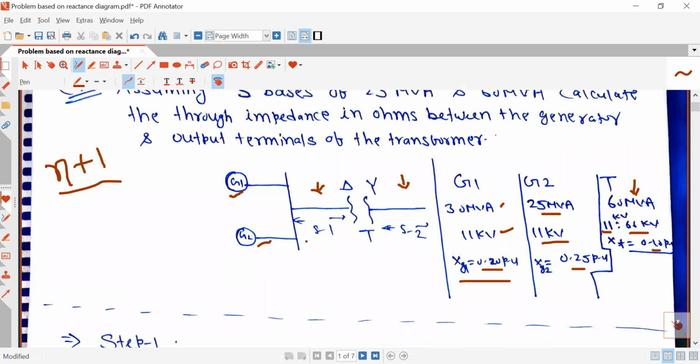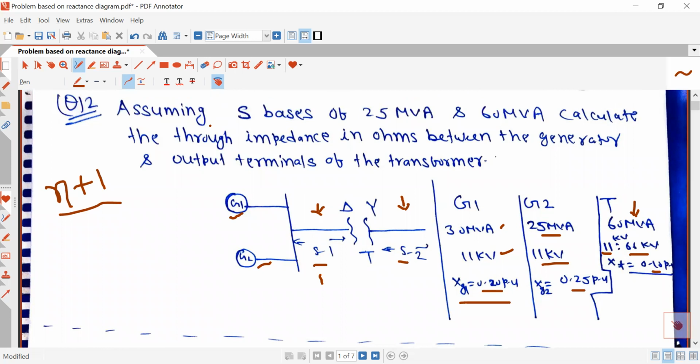Now, the second step is to select common base for the entire power system. In this block diagram, there are two sections, section 1 and section 2. So you will have to decide base value for section 1 and section 2. In the question it is given, you have to consider base value of 25 MVA.